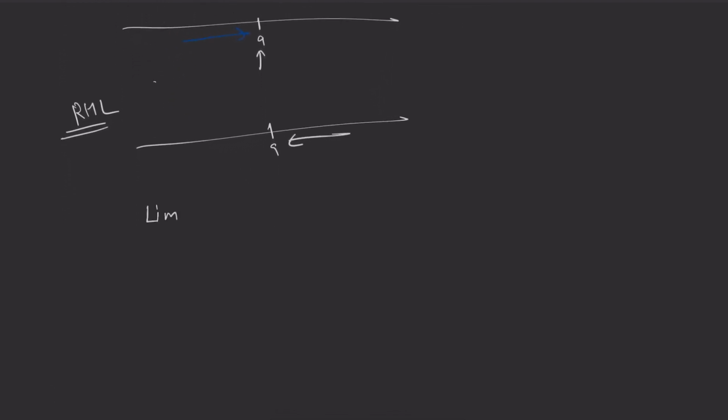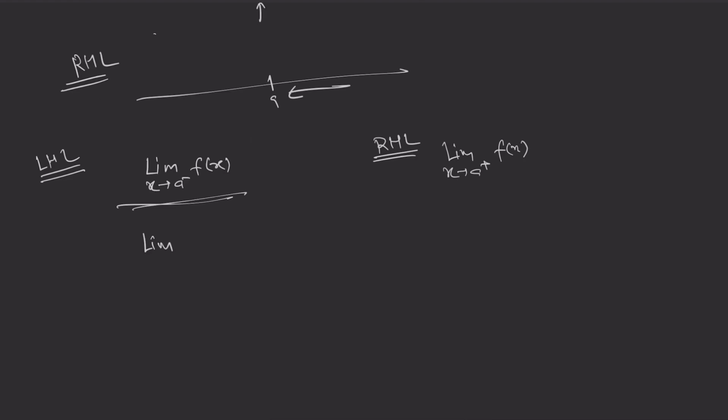Limit x tends to A minus f of x is the LHL, and limit x tends to A plus f of x is the RHL. Equivalently, limit h tends to 0 of f(A minus h), and limit h tends to 0 of f(A plus h).